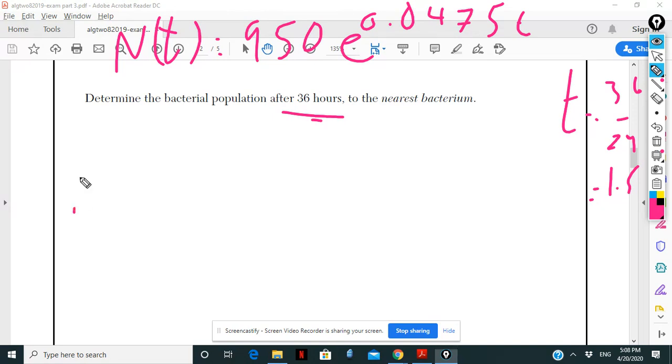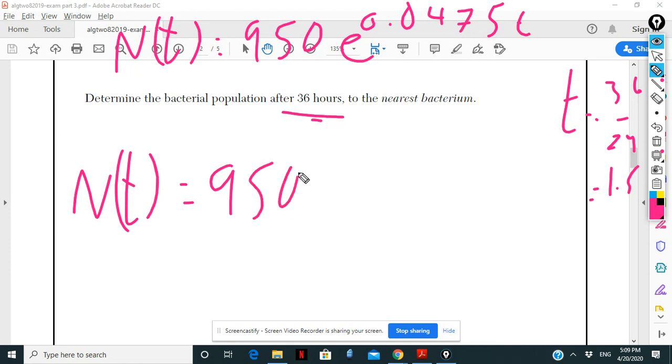So I'm going to write N equals 950 e to the power 0.0475 times 1.5. And I can use the calculator to evaluate this part. 1.5 times 0.0475 gives me 0.07125.